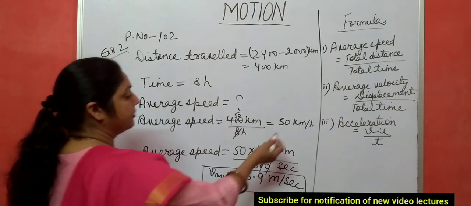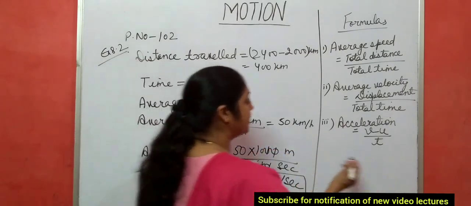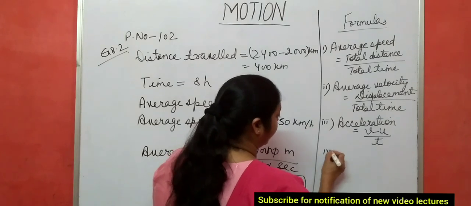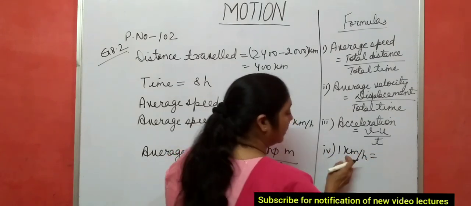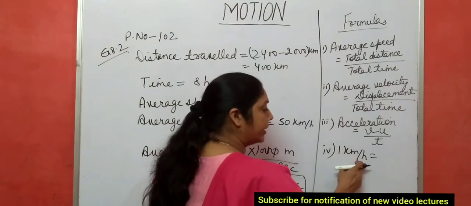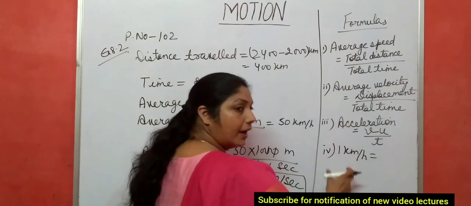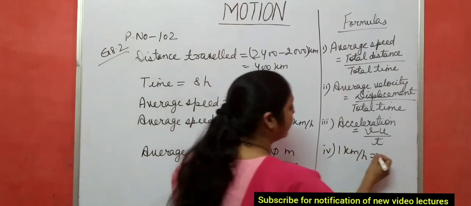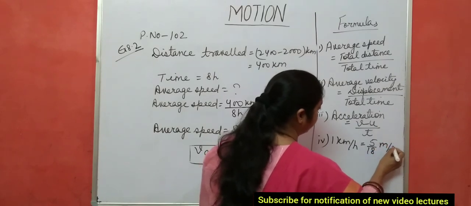You can also convert this kilometer per hour into meter per second by using this formula. Write down here: 1 kilometer per hour. 1 kilometer means 1000 meter, 1 hour means 3600 second. And when you divide 1000 by 3600, you get 5 by 18 meter per second.